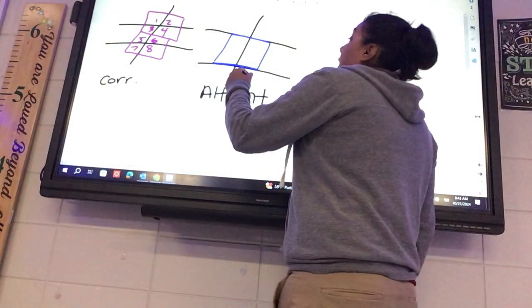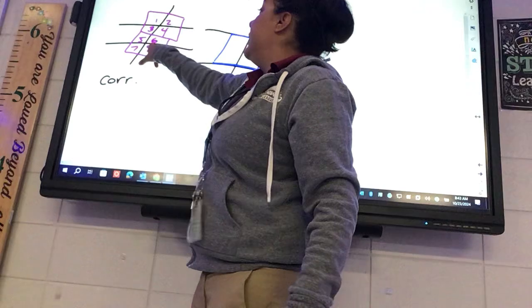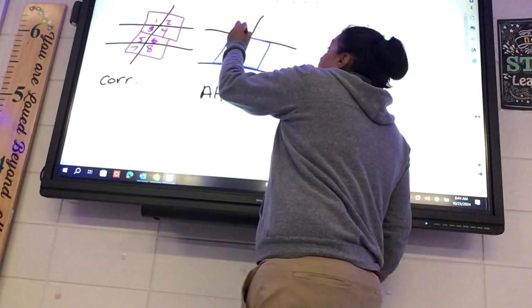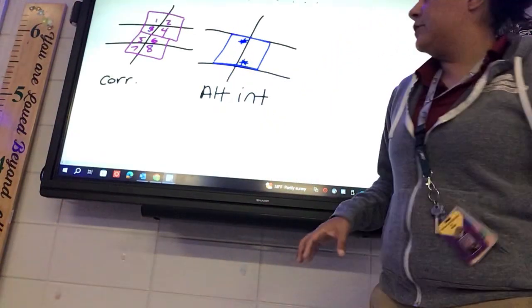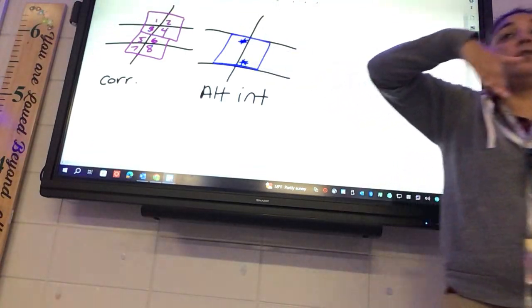If we're doing 1 through 8, 3 and 6 are on opposite sides of the transversal, so 3 and 6 are alt interiors. They are on the inside of the lines and on opposite sides of the transversal line.